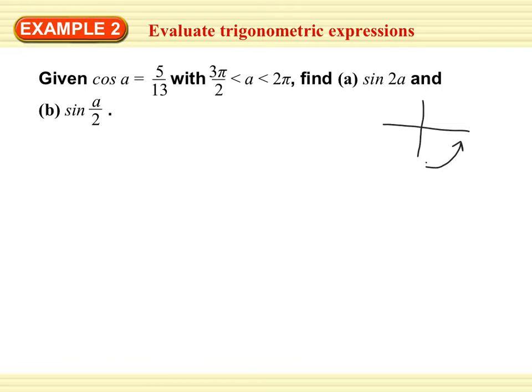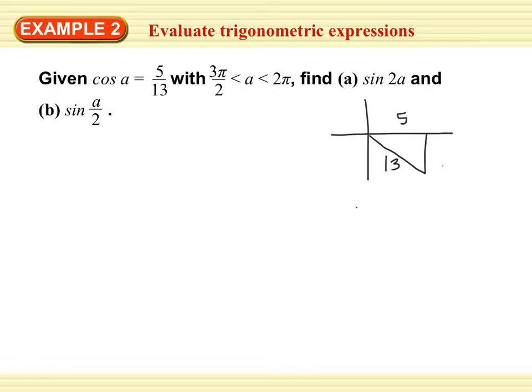So I know that I'm in quadrant 4, and I know cosine A is 5/13. So I can use my Pythagorean identity, or I can use the Pythagorean theorem. Cosine is adjacent over hypotenuse.